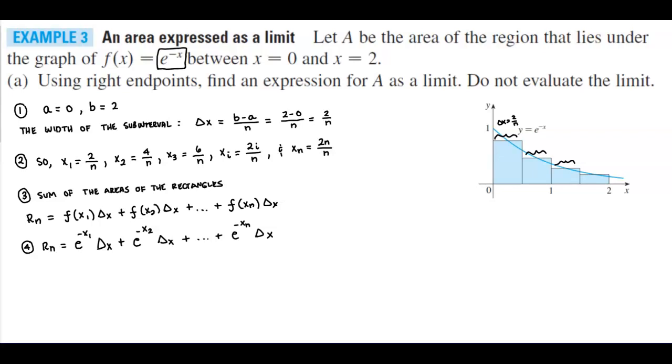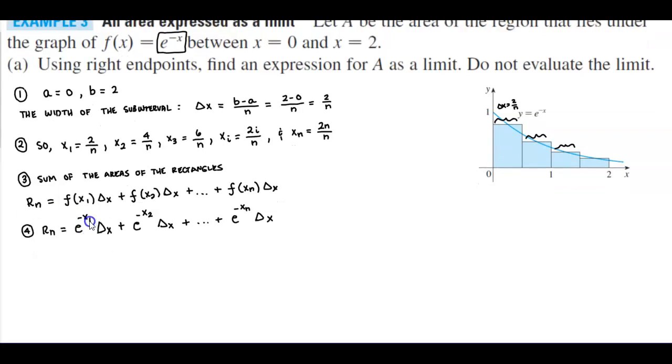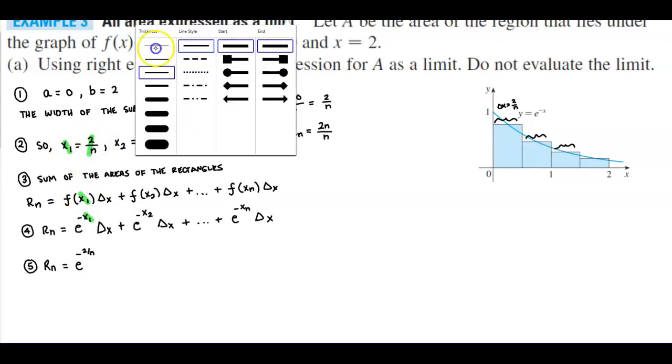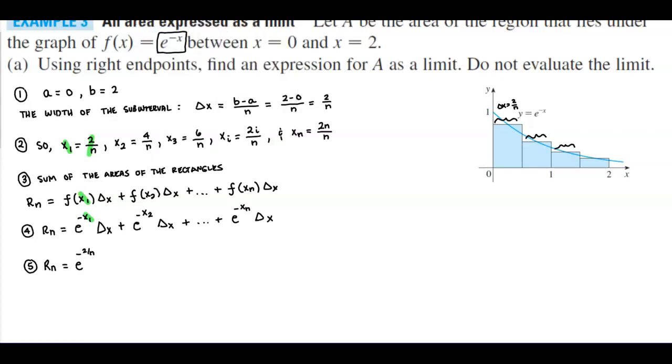Now what do we know about x subscript 1? Well, r subscript n is going to equal e to the negative 2 over n, because x subscript 1 is equal to 2 over n, and so on. That's multiplied by delta x.